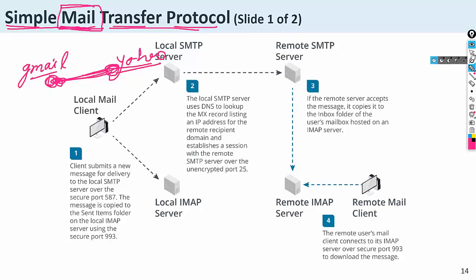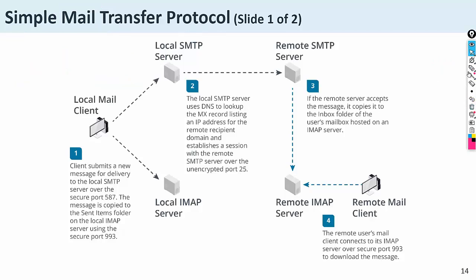So how does the process happen when I am sending a mail to anyone? There are two servers. One is a local SMTP server, another is a remote SMTP server. Local SMTP server means the server from where I want to send the mail.